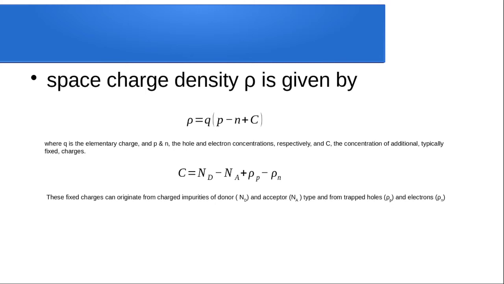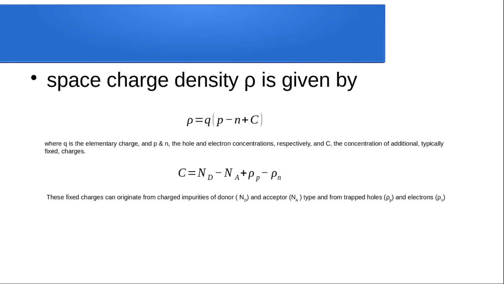To elaborate on this, the additional charges are those like charged impurities of donors, Nd, and charged impurities of acceptors, Na, which are in existence because the donors have donated their electrons as free electrons, so the donor itself becomes a charged impurity.